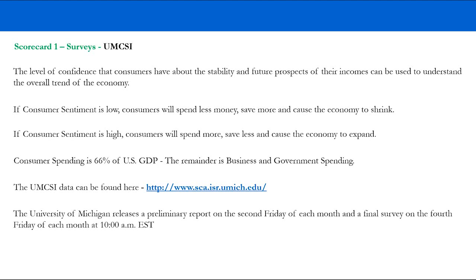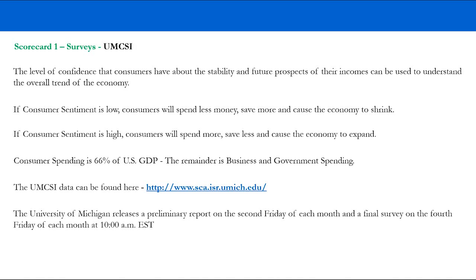So the University of Michigan Consumer Sentiment Index is a consumer sentiment index for the United States, and it's the most popular one in the world. It gives you basically the confidence that consumers have about the stability and future prospects of their incomes.